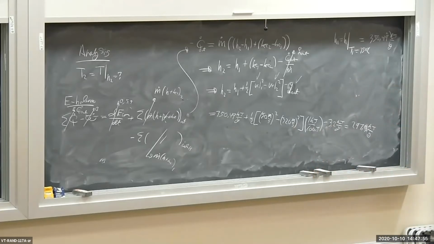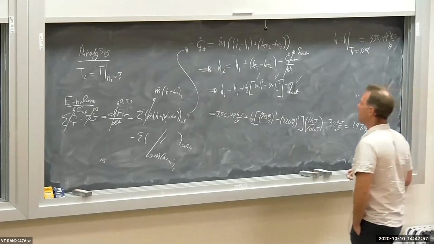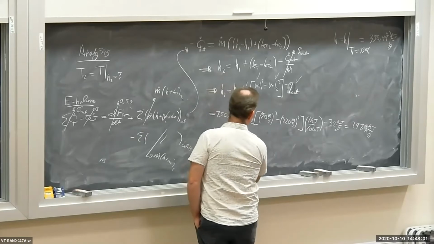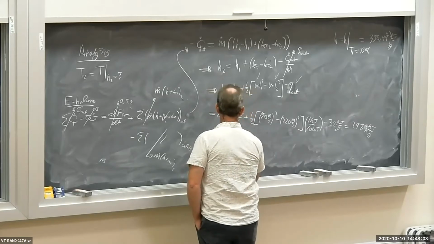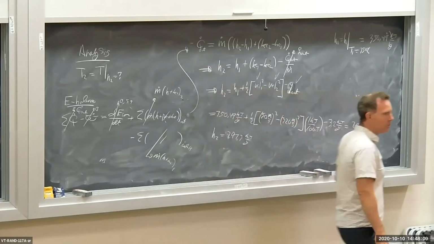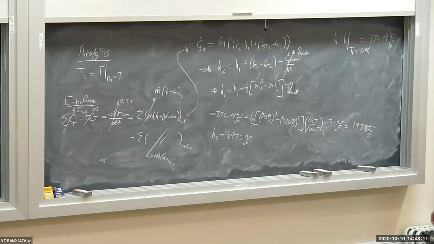Okay, so the outlet enthalpy, H2, is 297.3 kilojoule per kilogram. That means the outlet temperature is about 297 degrees.